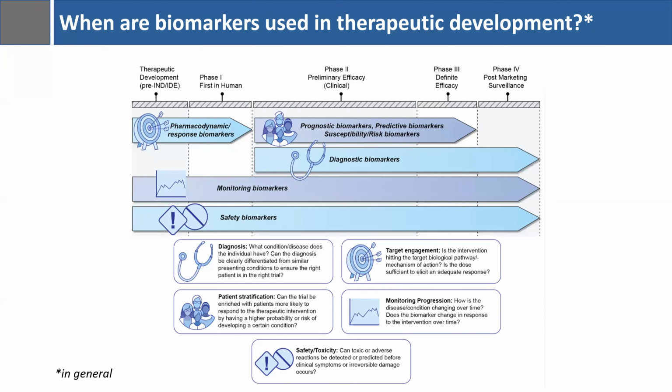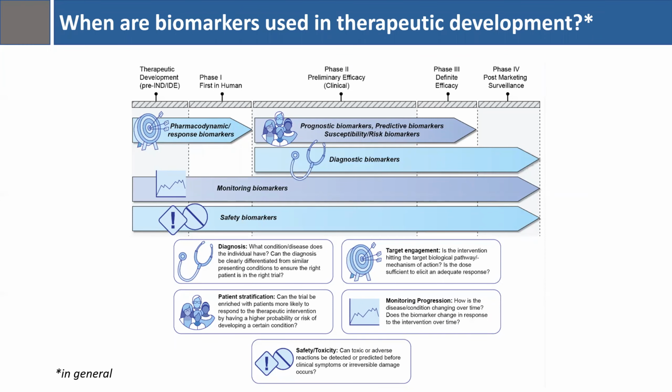So when are biomarkers used in therapeutic development? This is just a cartoon to illustrate some of the different ways biomarkers get used. In particular, pharmacodynamic response biomarkers are generally used in phase 1 and preclinical development, prognostic susceptibility risk biomarkers to help with patient stratification, targeting the right patients to the right trials, diagnostic likewise.